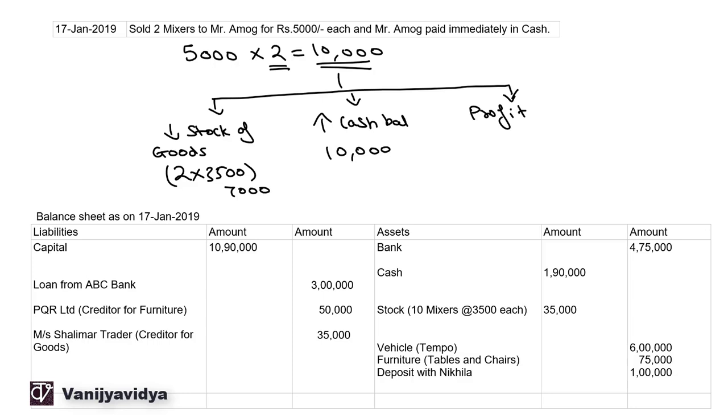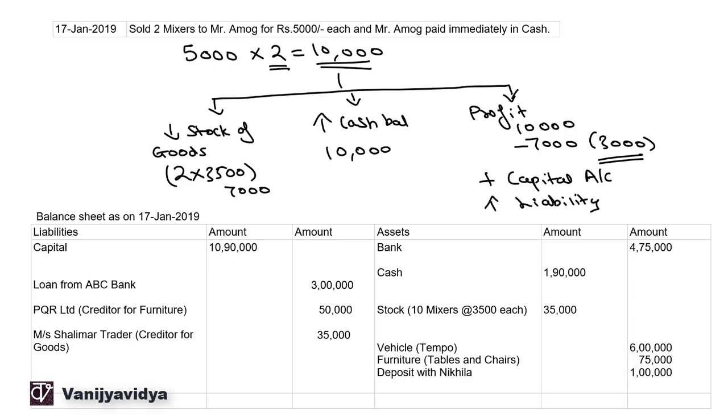So what is the profit? Your mixers worth rupees 7,000 are sold for 10,000. So 10,000 minus 7,000. So profit is how much? 3,000. Now since this is a profit, it will be added to your capital account. And there will be an increase in liability.